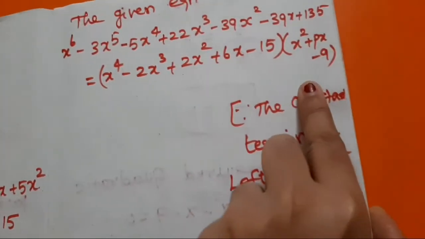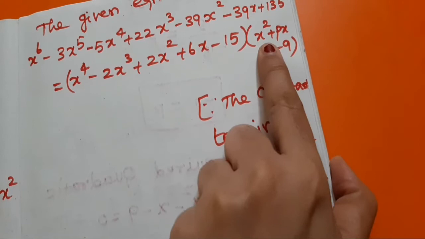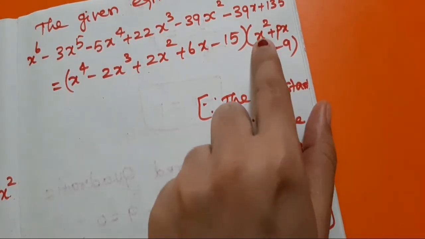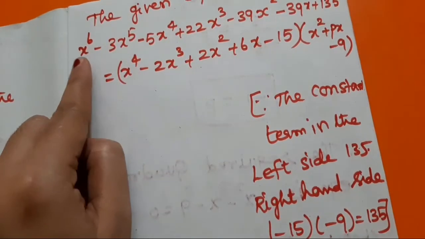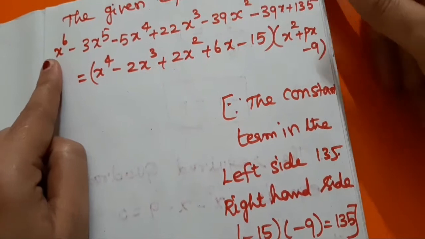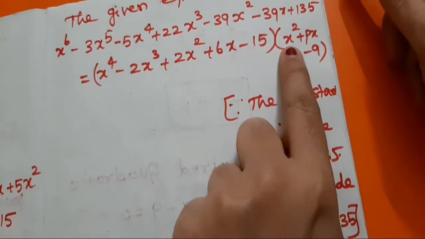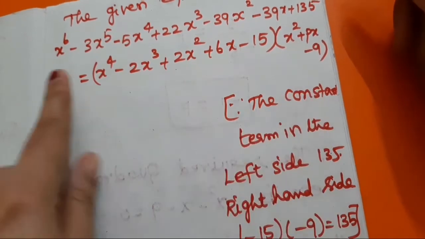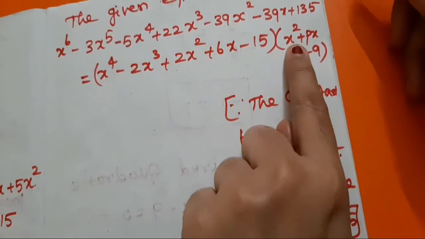I have to multiply this fourth degree equation with this quadratic equation. Quadratic equation means x power 2. Since in the given question we don't have a coefficient, here x power 4 I have. So x power 4 into x square will give you x power 6, the first term I am getting.